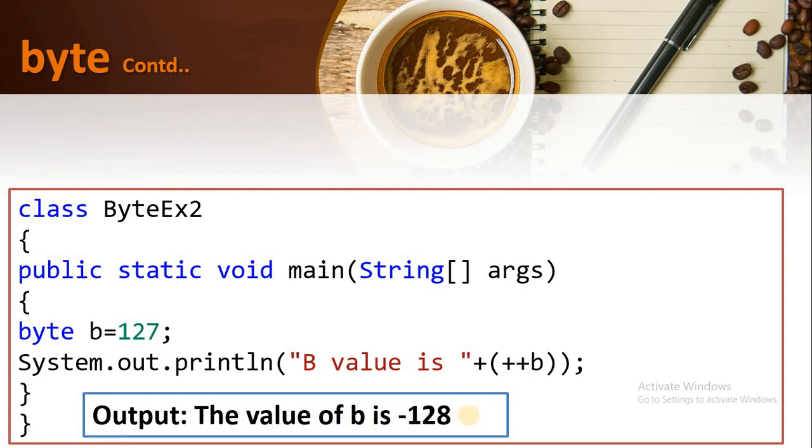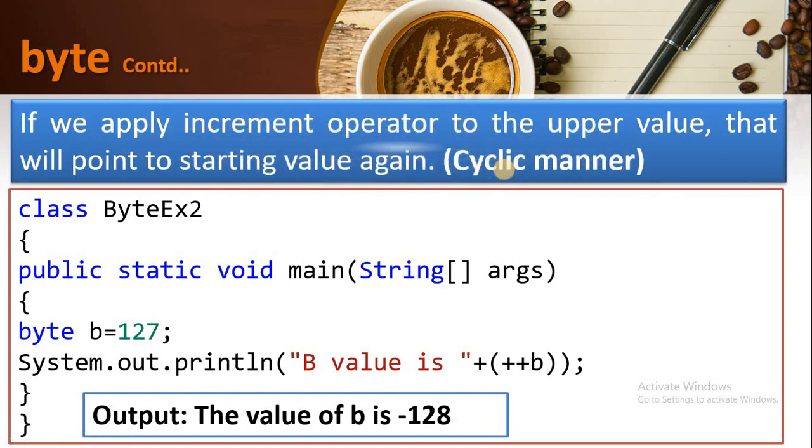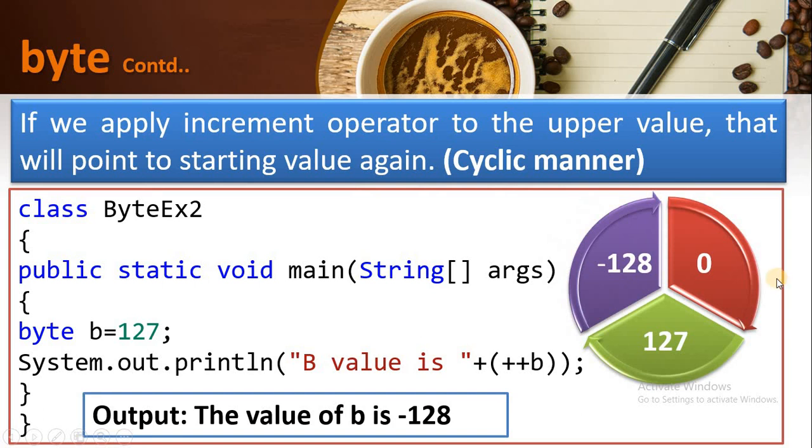Now let us analyze the reason behind this. See the important point. If we apply the increment operator to the upper value, it will point to the starting value again, just like a cyclic manner. See this, you will get the idea easily. The limit of the byte value is -128 to +127 through 0.